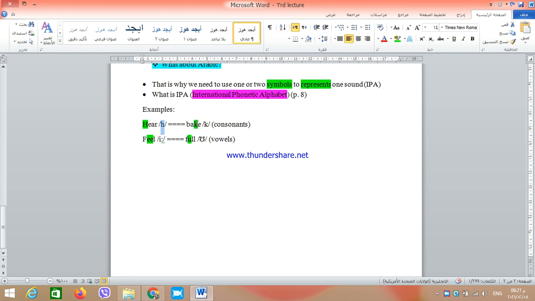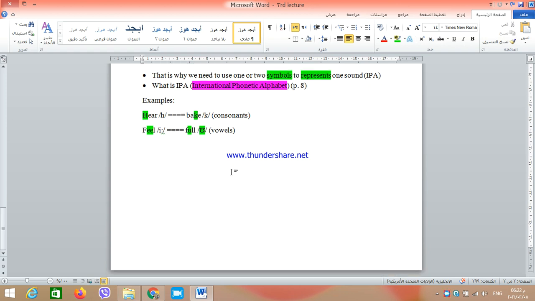Okay, bake, the same. But what about the word feel? Here we have a symbol that is different from the form we have here. So we need to know, for example, that this symbol is used to represent the sound in look.